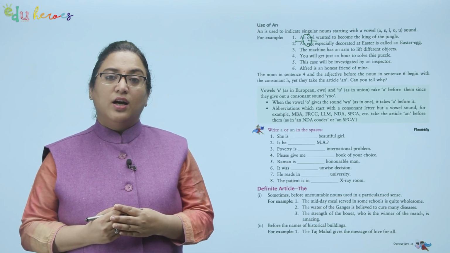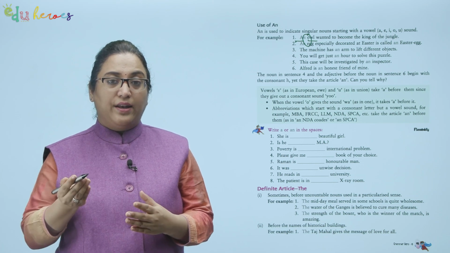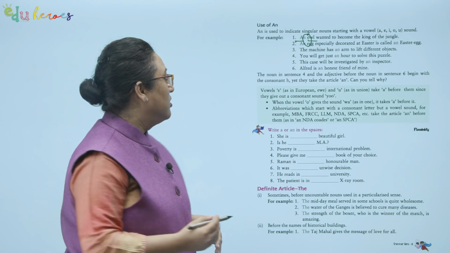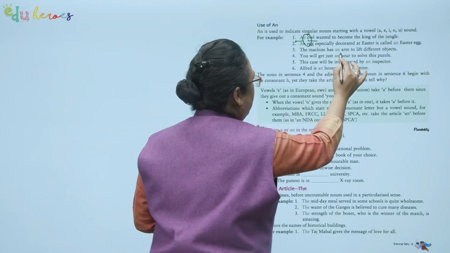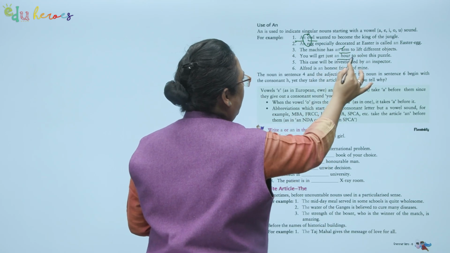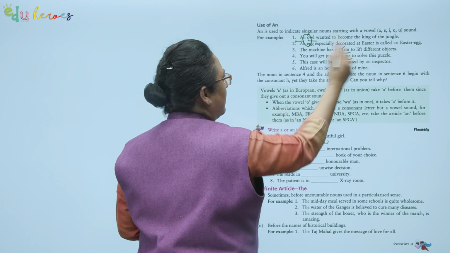Children, here I want you to pay attention to the words written after an. Are they beginning with a vowel sound? Think about it. So here we have arm beginning with a vowel sound. Then we have hour, although it is H, but it is beginning with a vowel sound.